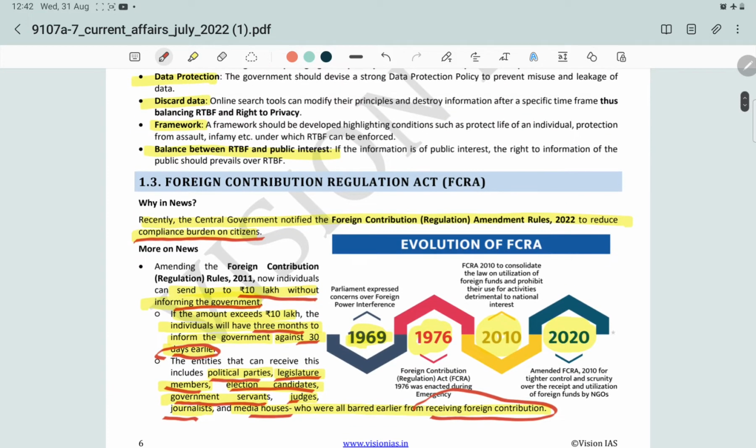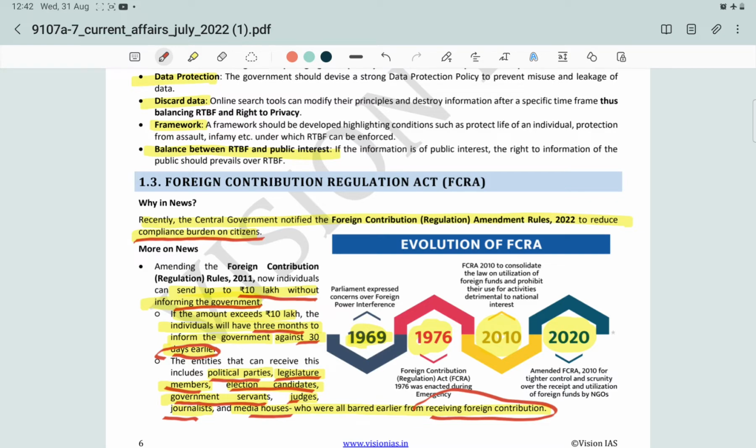Now let's see the evolution of the FCRA, how the FCRA evolved till date. In 1969, the Parliament for the first time expressed concerns over foreign power interference, and in 1976, the Foreign Contribution Act was enacted during the Emergency.